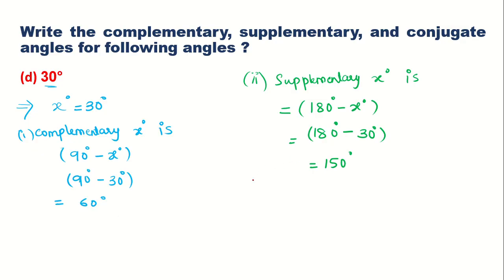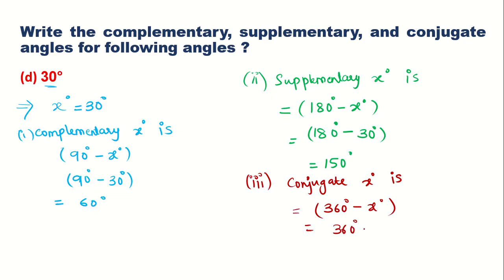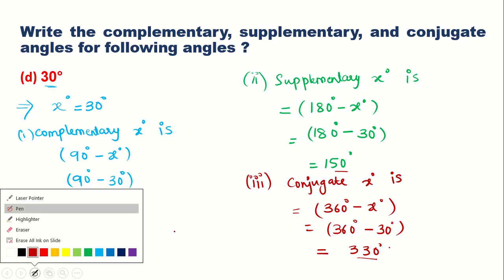Next, let's see the conjugate angle. The conjugate angle of x degrees is 360 degrees minus x degrees. 360 degrees minus what is x given? 30 degrees. So 360 minus 30 is how much? 330 degrees. So these are the complementary angle, supplementary angle and conjugate angle of the given x degrees.